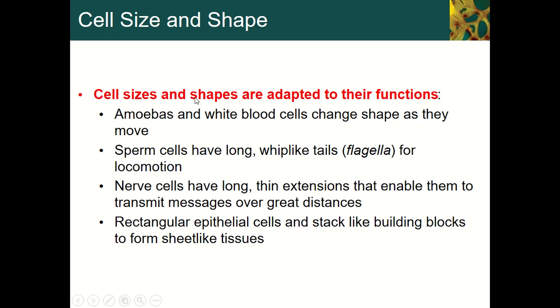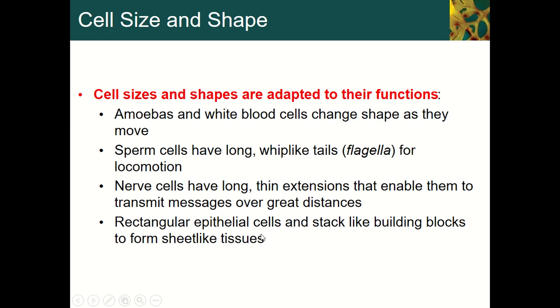Cell size and shape are also adapted based on their function. For example, motile white blood cells change shape as they move. Sperm cells have a long whip-like tail for locomotion, for swimming, and nerve cells have long, thin extensions that enable them to transmit messages over great distances.